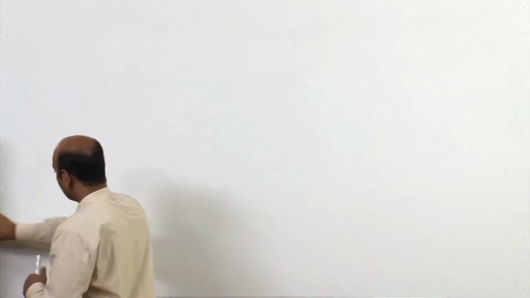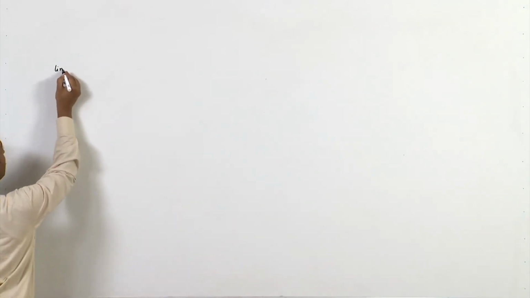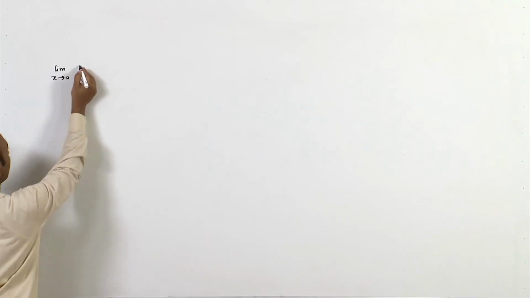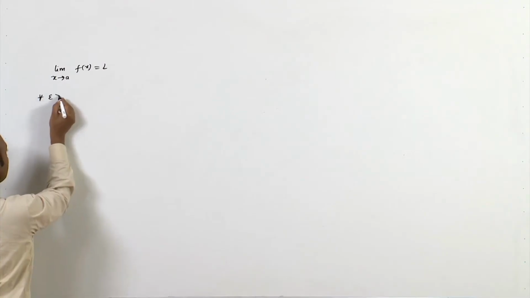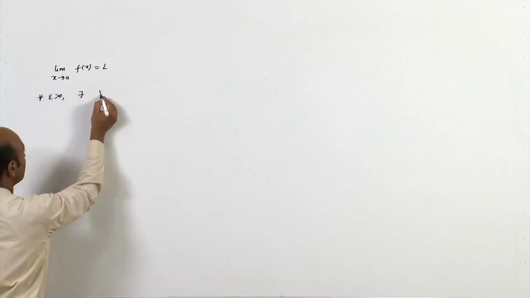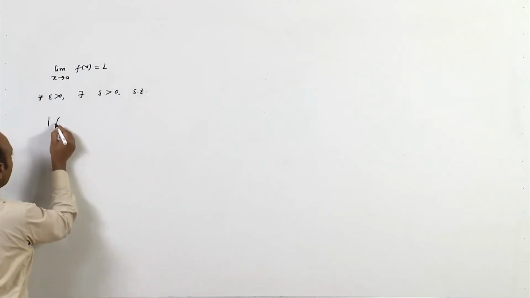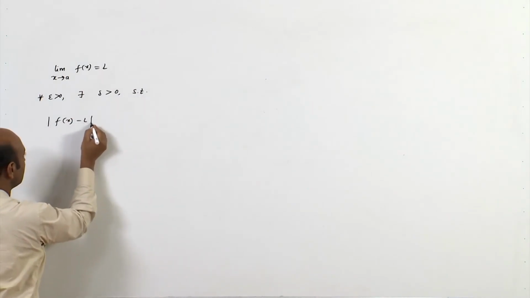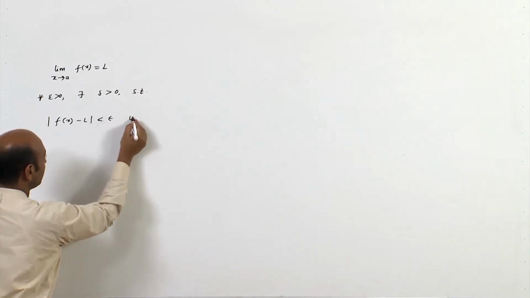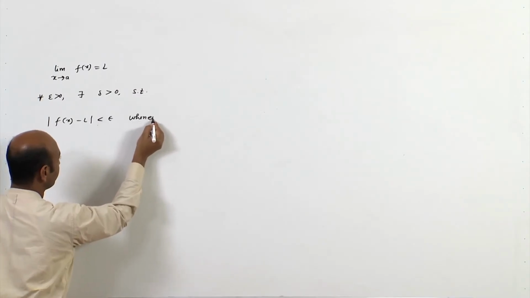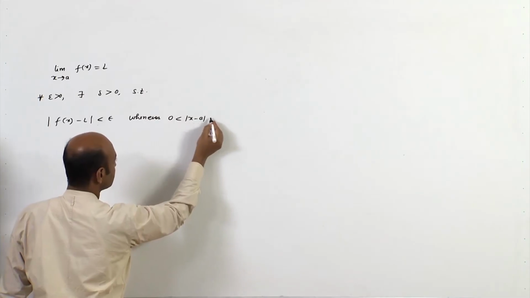Here we have limit x tending to a of f x is equal to L. This means for every epsilon greater than 0, there exists a corresponding delta greater than 0 such that mod f x minus L is less than epsilon whenever 0 is less than mod x minus a less than delta.